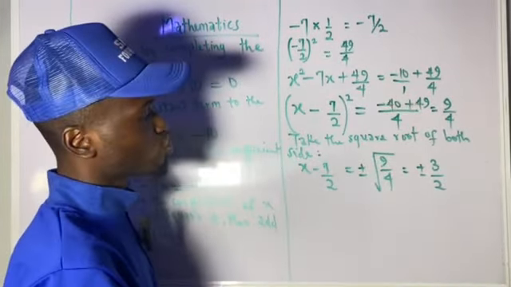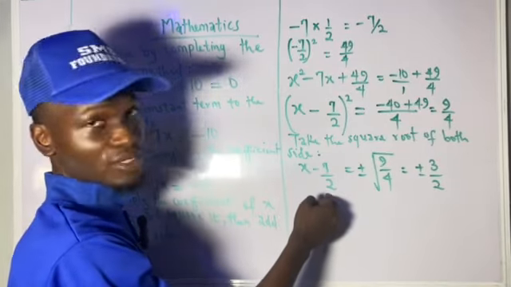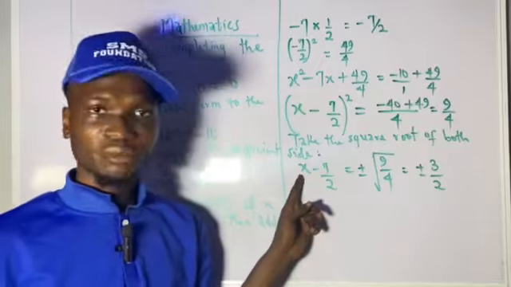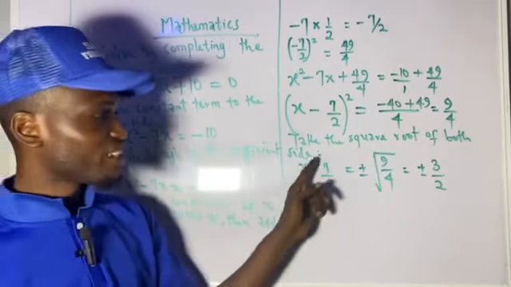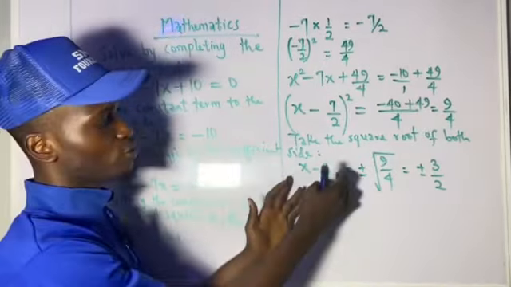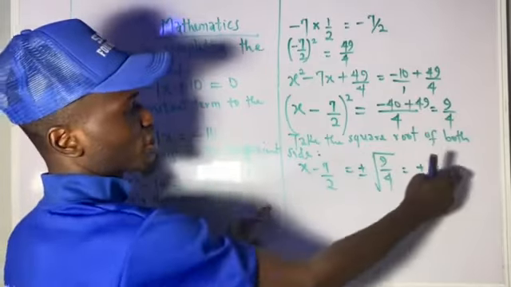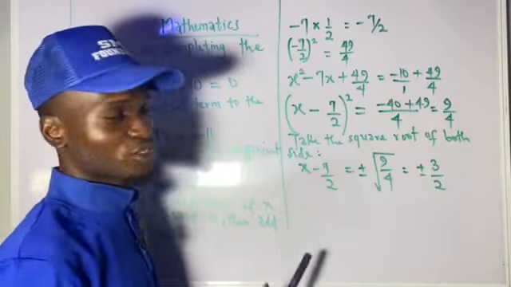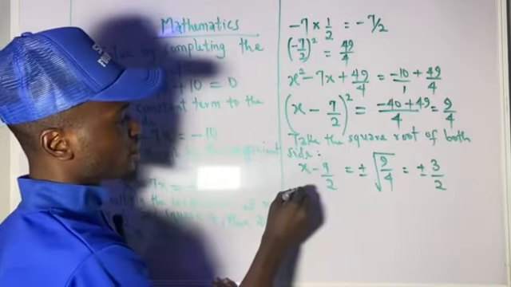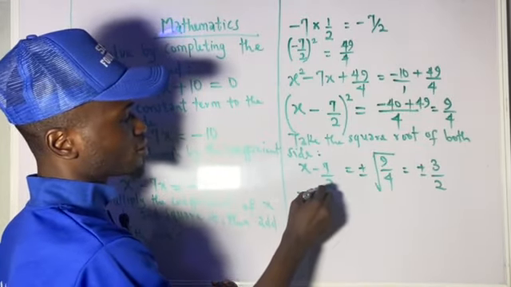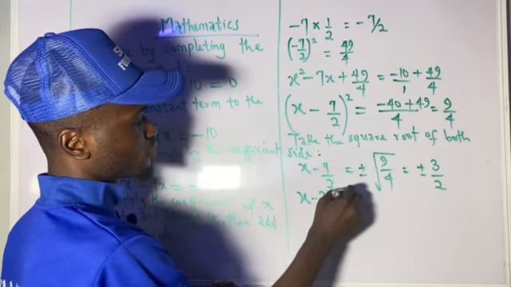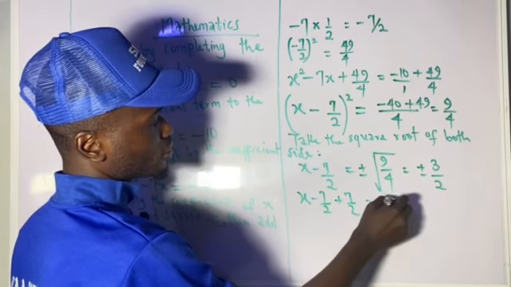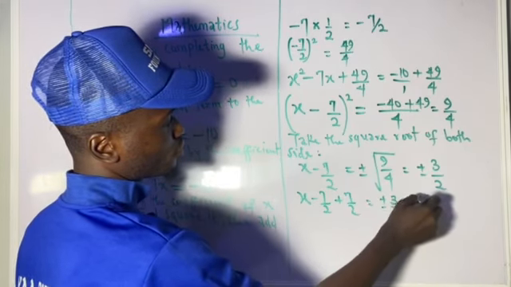Now, from here, we can add 7 over 2 to both sides, because this is negative 7 over 2. What do we do to clear off the 7 over 2? Our aim is to get x, not x minus 7 over 2. When you add 7 over 2 to both sides, you eliminate the 7 over 2, so the x will stand alone. Now we have x minus 7 over 2 plus 7 over 2 equal to plus or minus 3 over 2 plus 7 over 2.